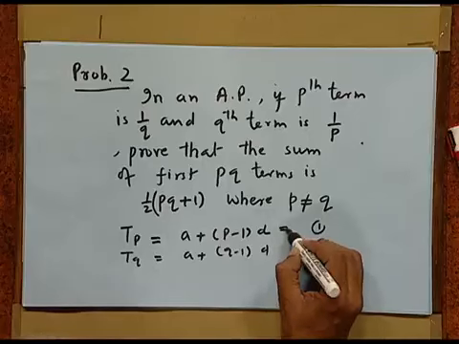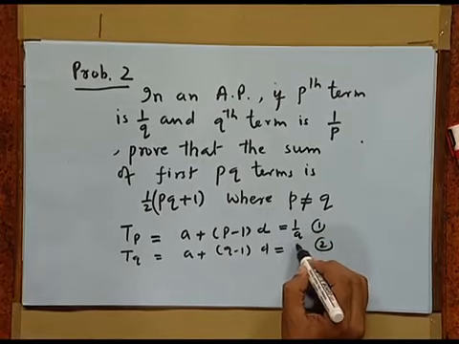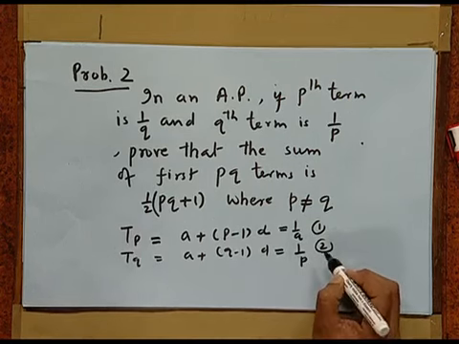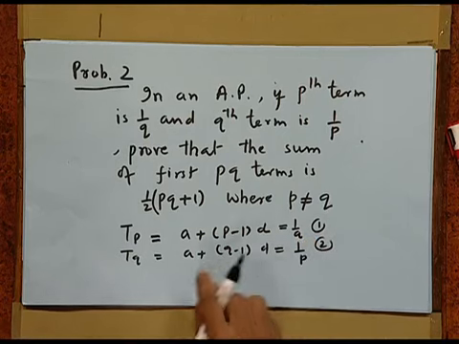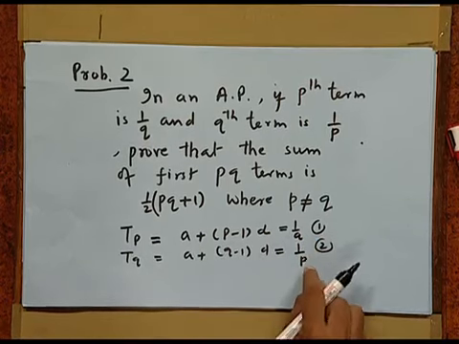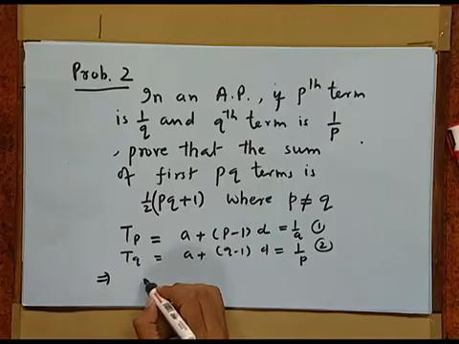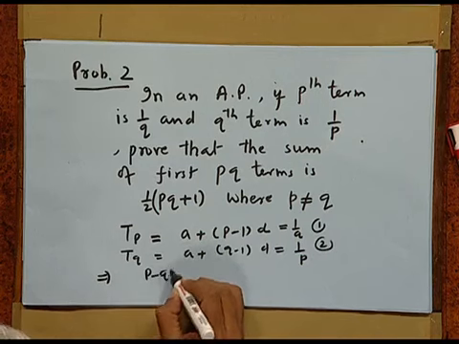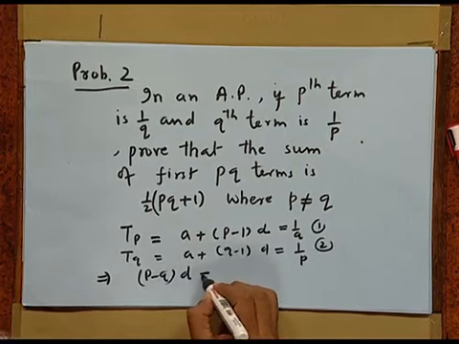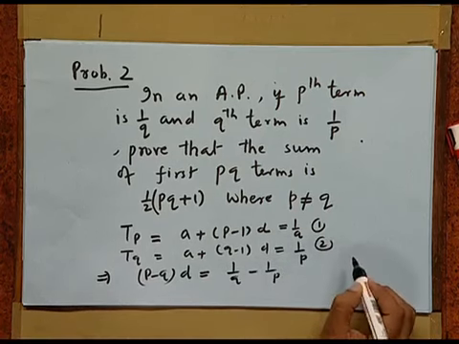But Tp is given to be 1 upon q and Tq is given to be 1 upon p. Thus we have a plus (p minus 1) d is 1 upon q, a plus (q minus 1) d is 1 upon p. This gives, by subtraction, (p minus q) d is equal to 1 upon q minus 1 upon p.